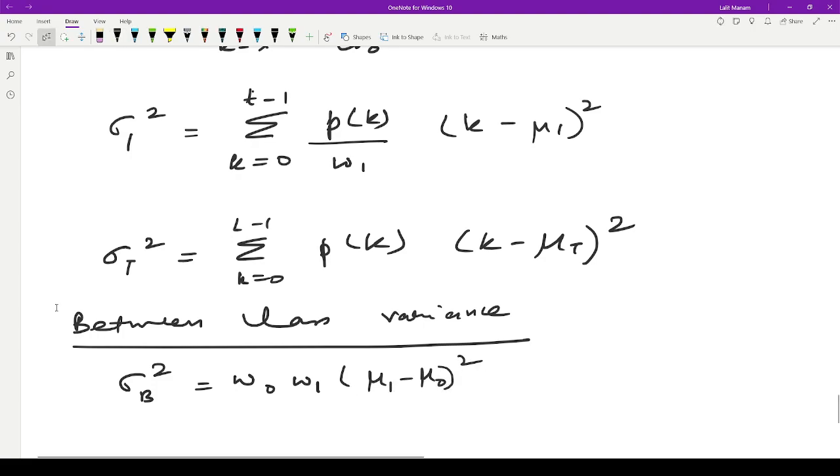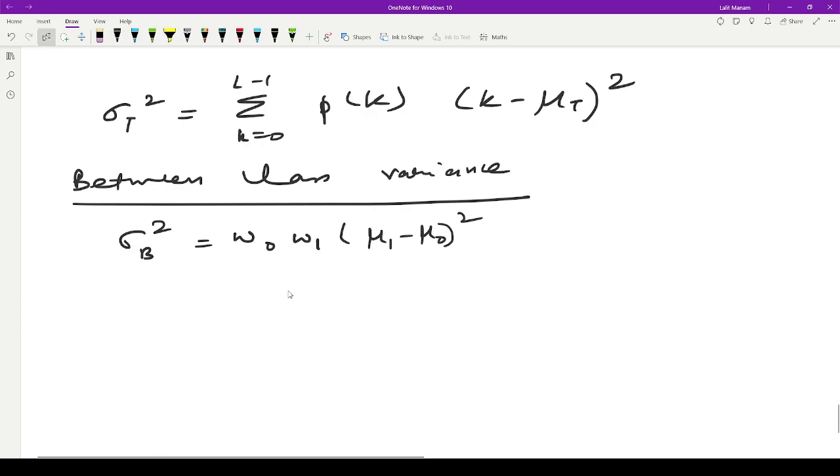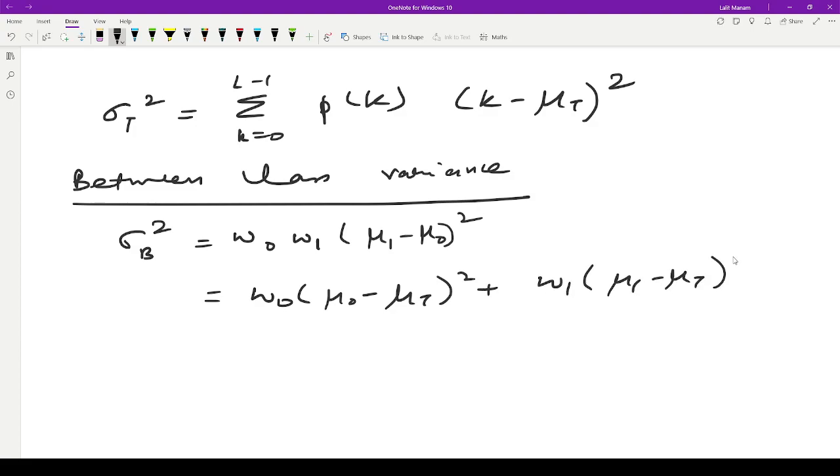Okay, which can again be written as omega naught into mu naught minus mu t whole square plus omega 1 into mu1 minus mu t whole square. We'll prove this equality.